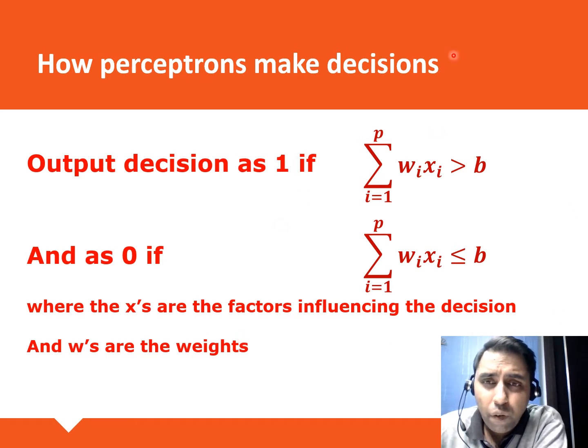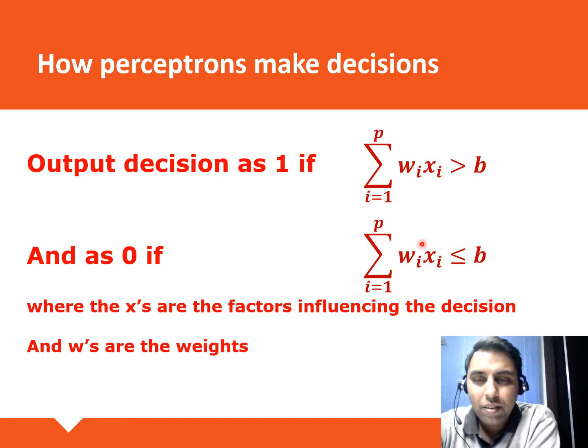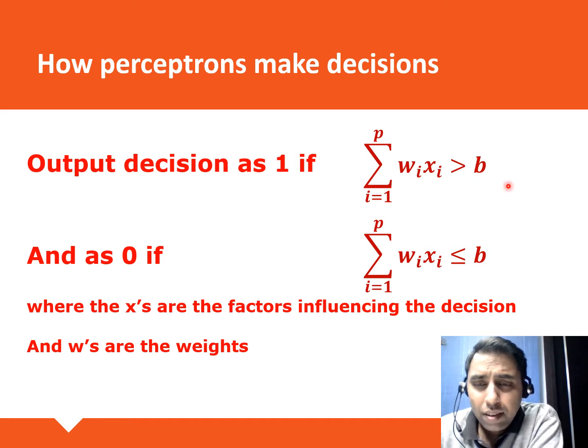Now, of these equations which are written over here, the x's are something which are known, right? Because these are the features on which the information is flowing in. The w and the b are the things which are unknown. So these have to be somehow estimated so that the decision making can happen.